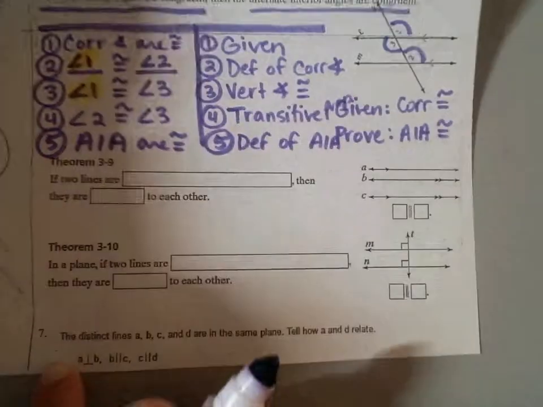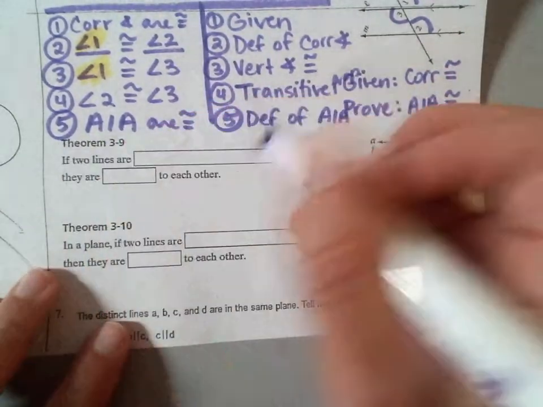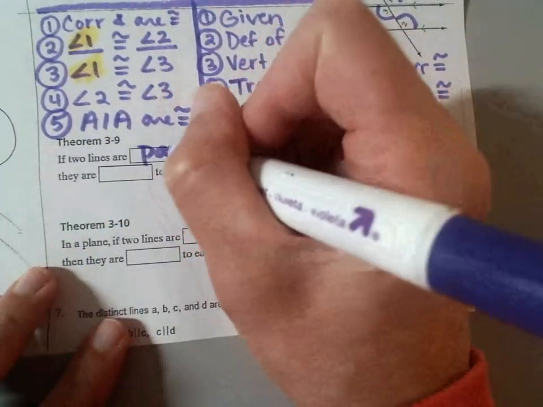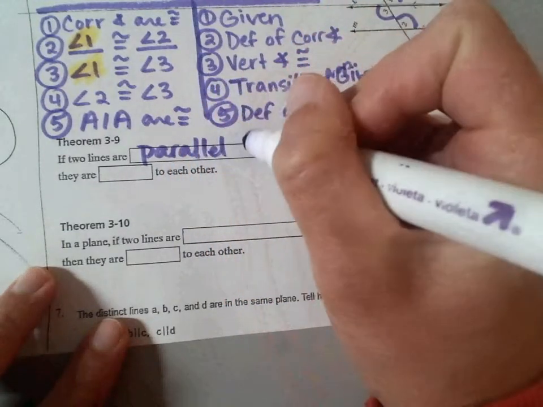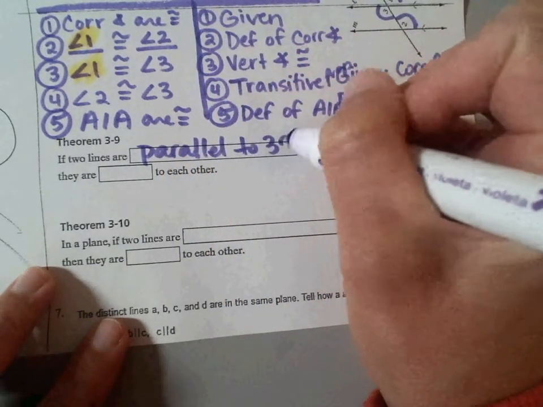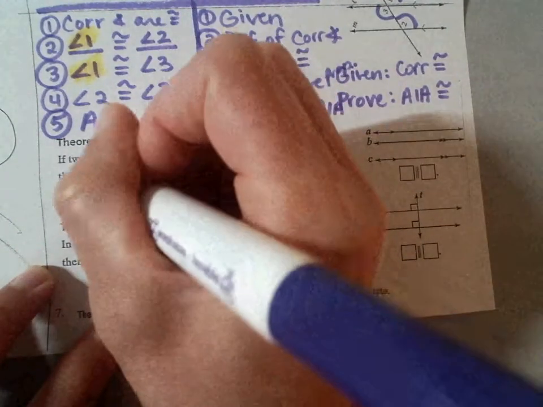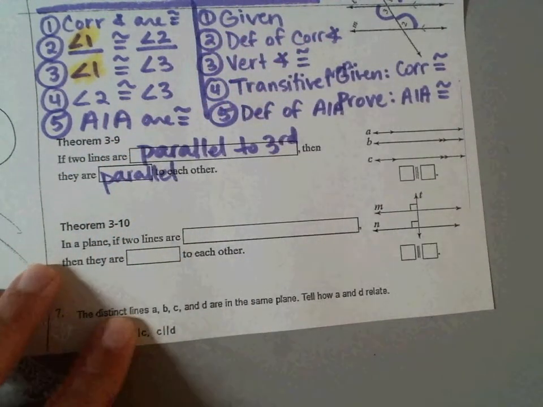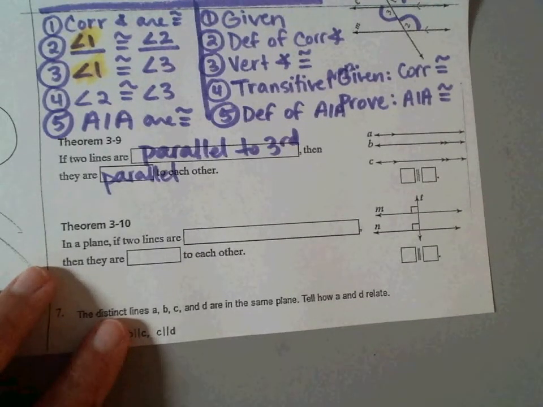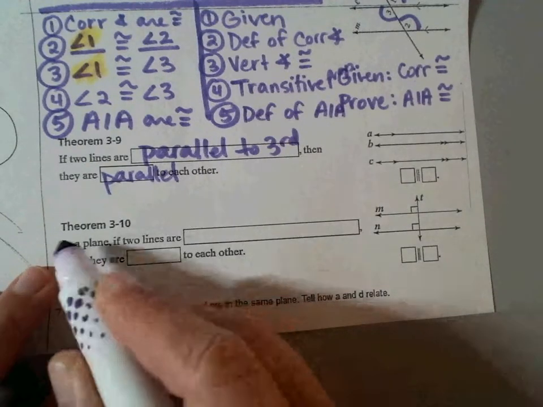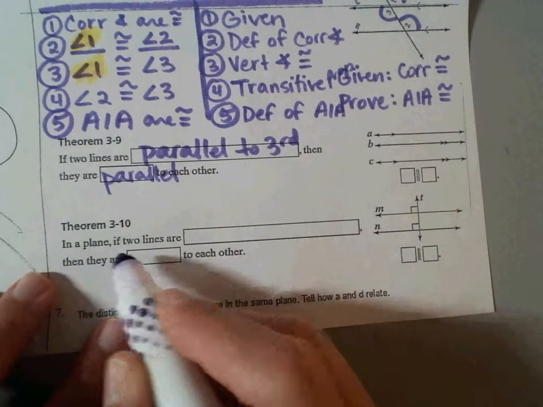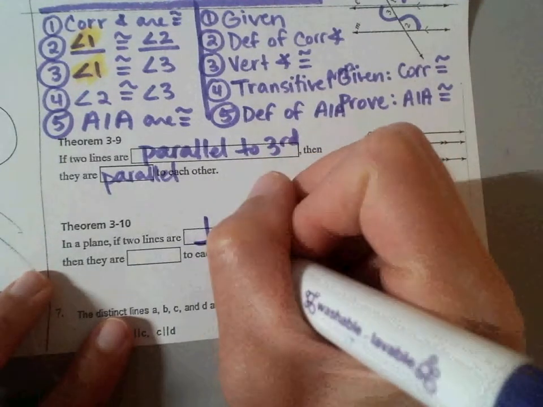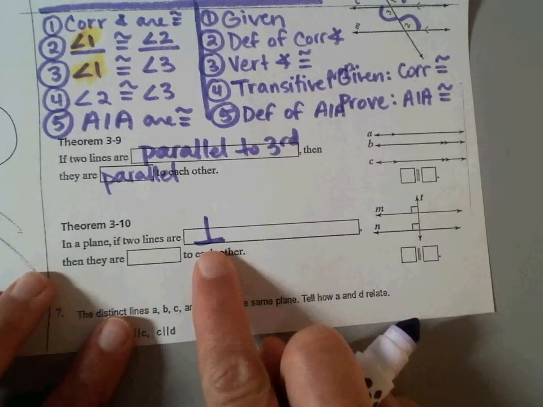Okay, if 2 lines are, this is theorem 3.9, if 2 lines are parallel to a third, then all of them are parallel to each other. I think this theorem's kind of goofy, because if you have 2 lines already parallel and you put another one in there, aren't they all parallel? All 3 of them would be parallel. All right, the next one, theorem 3.10, in a plane, if 2 lines are perpendicular, remember that symbol?